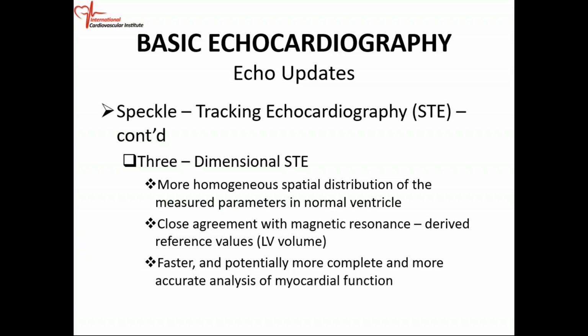When you have destructive interference, you have darker echoes. And that's what you follow. You actually follow the movement of these speckles, and you can look at the different deformation of the heart in terms of displacement, strain rate, and velocity. All right.